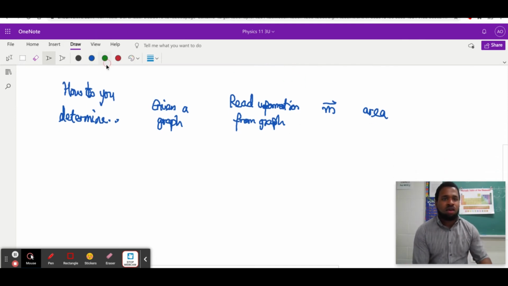First is that when you're asked to determine the position of an object, we're going to use the particular variable, which is the d with the arrow at the top, the vector, and you're given the position time graph.